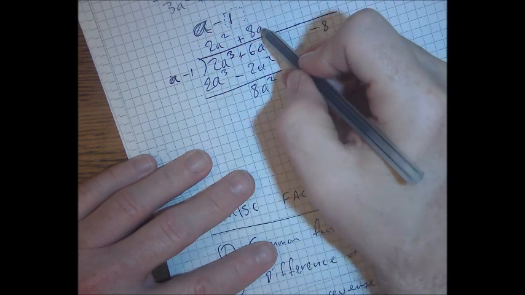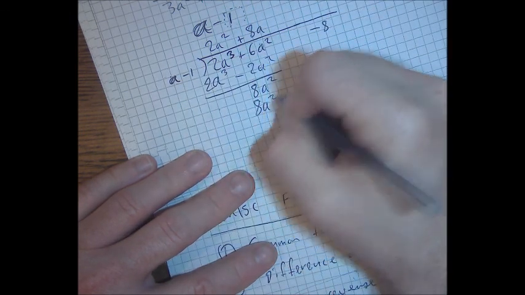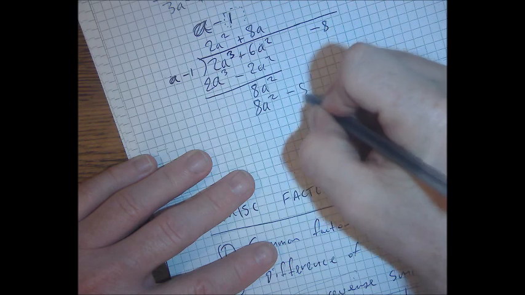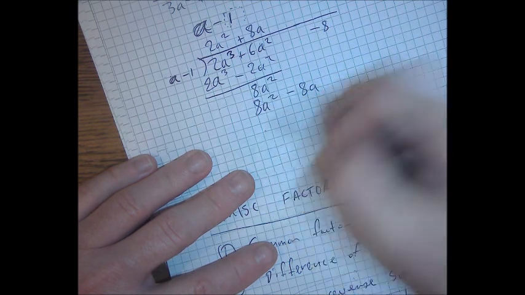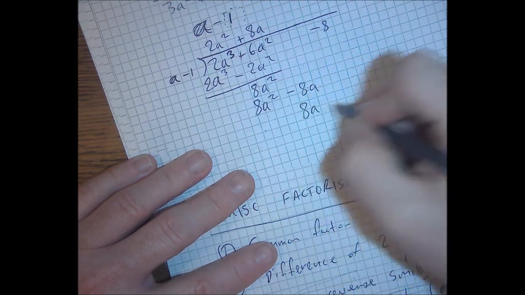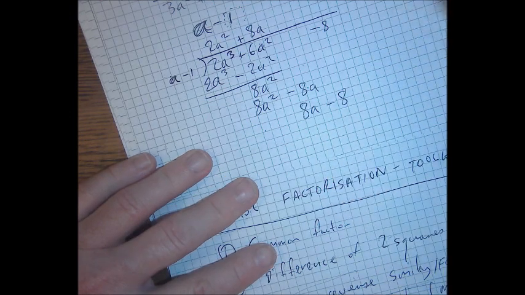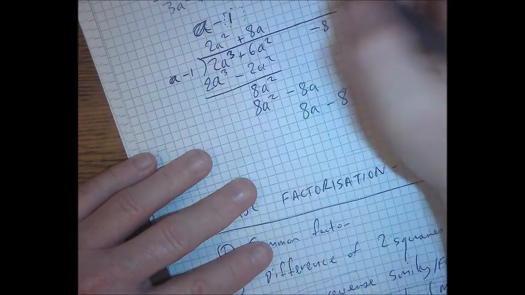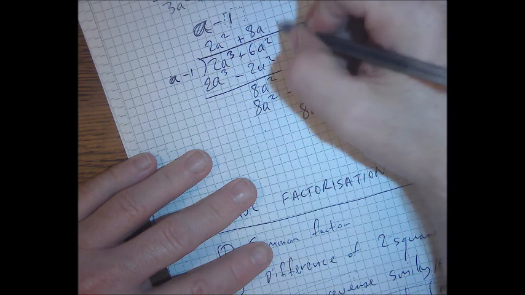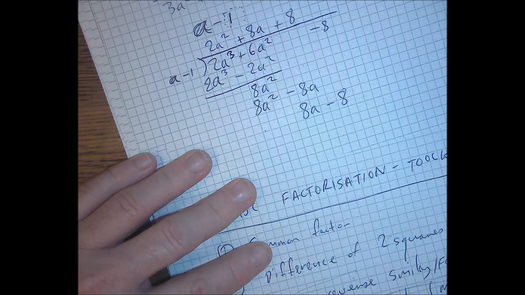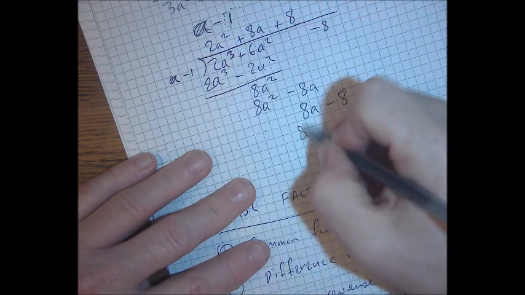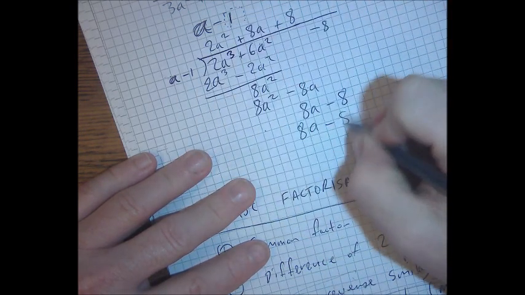Go that times that, 8a squared. That times that, negative 8a. Subtract. That minus that, blank. That minus that, positive 8a. Copy this down. Repeat the process. 8a divided by a is just plain old 8. Do that times that, 8a. That times that. Subtract, you get 0.